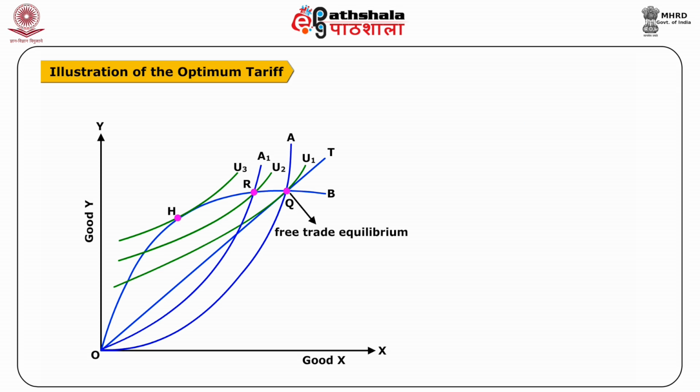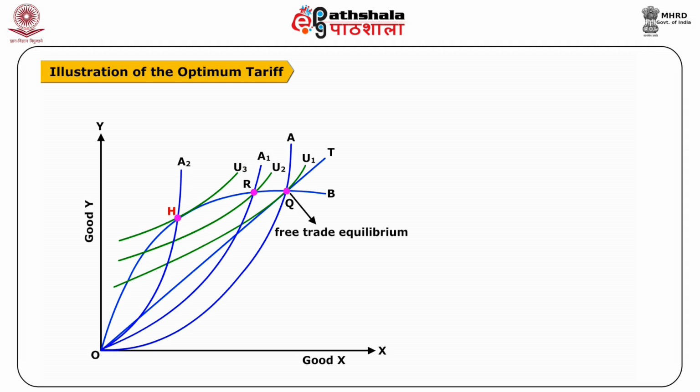Now again, if Nation 1 imposes a tariff, then its offer curve moves further to OA2. The new trade equilibrium position is at point H. The movement from R to H raises the tariff, and Nation 1 improves its terms of trade and welfare, as shown by the movement of indifference curve from U2 to U3.